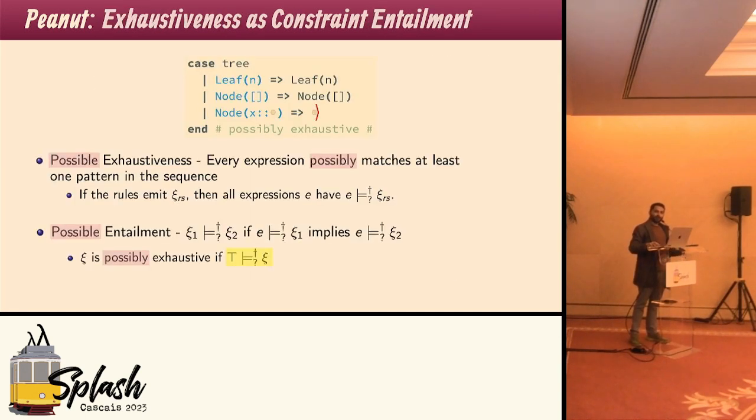But you can also write it as an entailment. So entailment is a relation between two constraints, xi1 and xi2. And it just means that every expression that satisfies xi1 must then satisfy xi2. And so you can write exhaustiveness as an entailment from top, right? Every expression must satisfy xi. Okay, so we've turned exhaustiveness checking into the question of entailments between constraints.